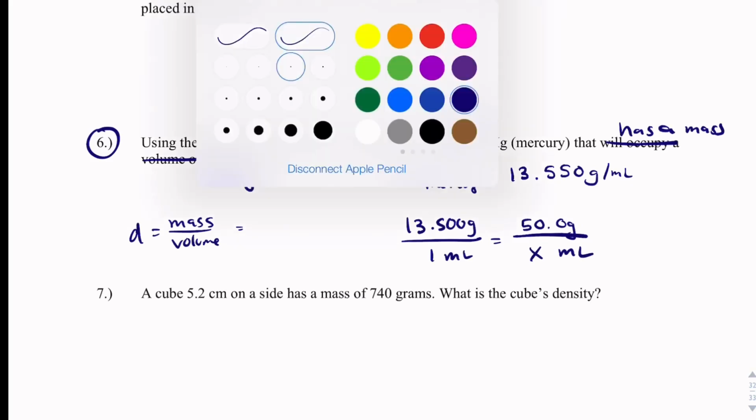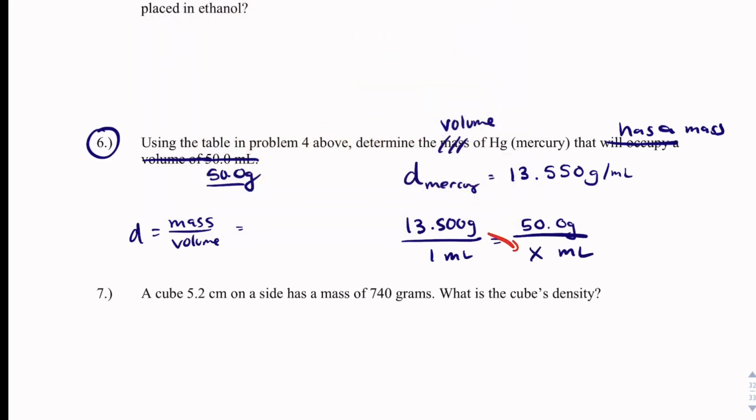I'm just going to cross multiply. So I'm going to cross multiply, and I'm running out of room here, so I've got 13.5x equals 50 times 1, which is 50. Divide each side by 13.5. And x, let's see what that's going to be.